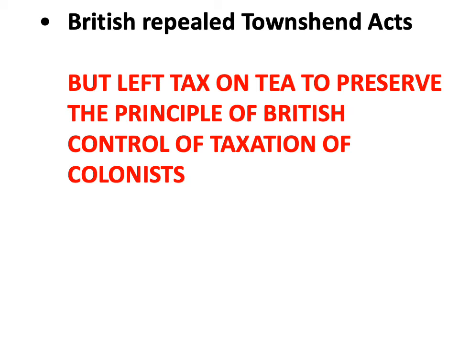And it's important to note that the tax that they left on tea was a very small tax. In fact, it was cheaper to buy British tea with the tax than to buy smuggled tea from other countries.